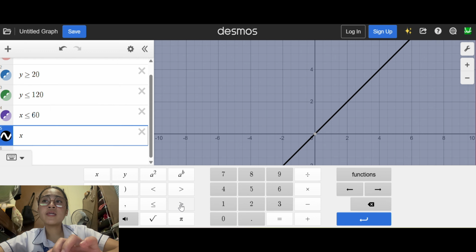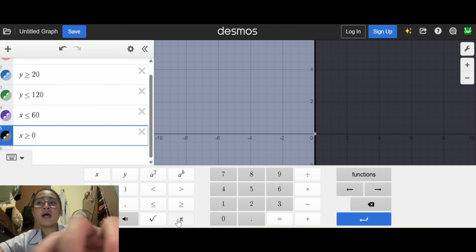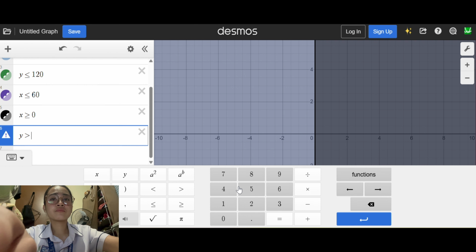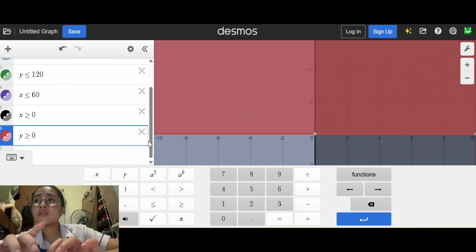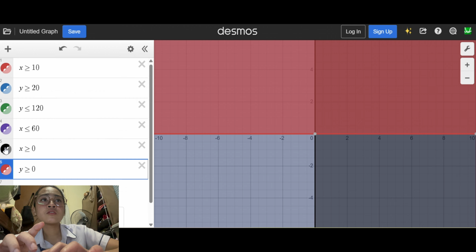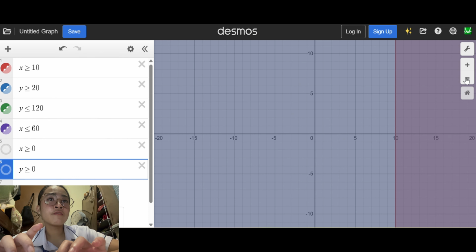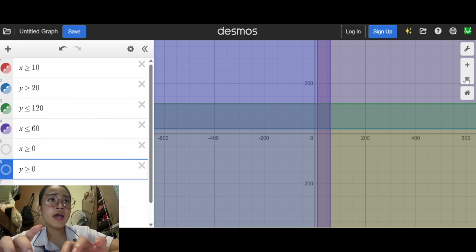So x is greater than or equal to 0, while y is greater than or equal to 0. And let's hide the color and zoom out so that we can see the other regions. So there, we have a clear view.